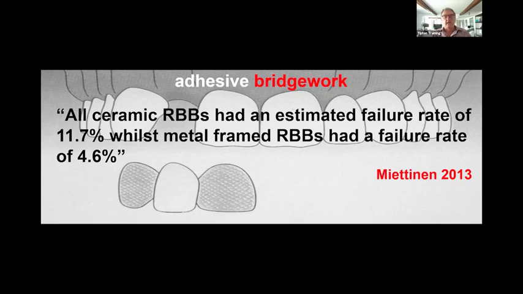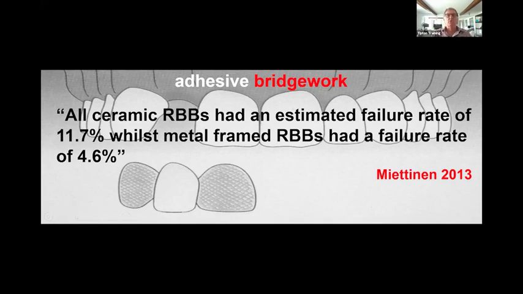We can overcome that by moving to zirconia adhesive bridge work, and this is comparatively new. We don't have the long-term studies. We're getting up to 10-year studies now with zirconia. But if we look at the all ceramic resin bonded bridge work, estimated failure rates are around 11%, and for metal framed resin bonded bridges, 4 to 5%.